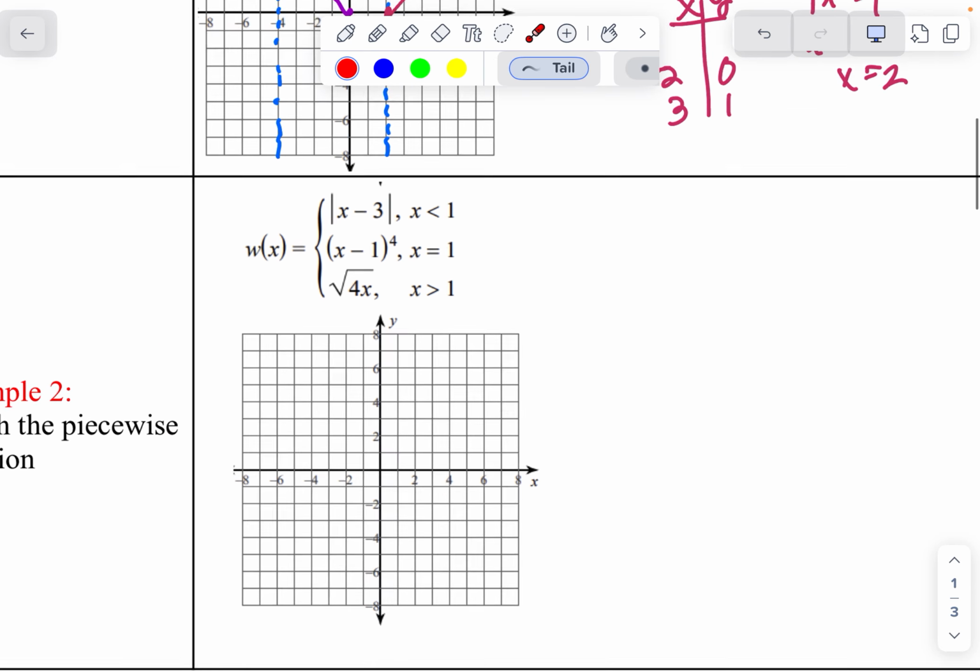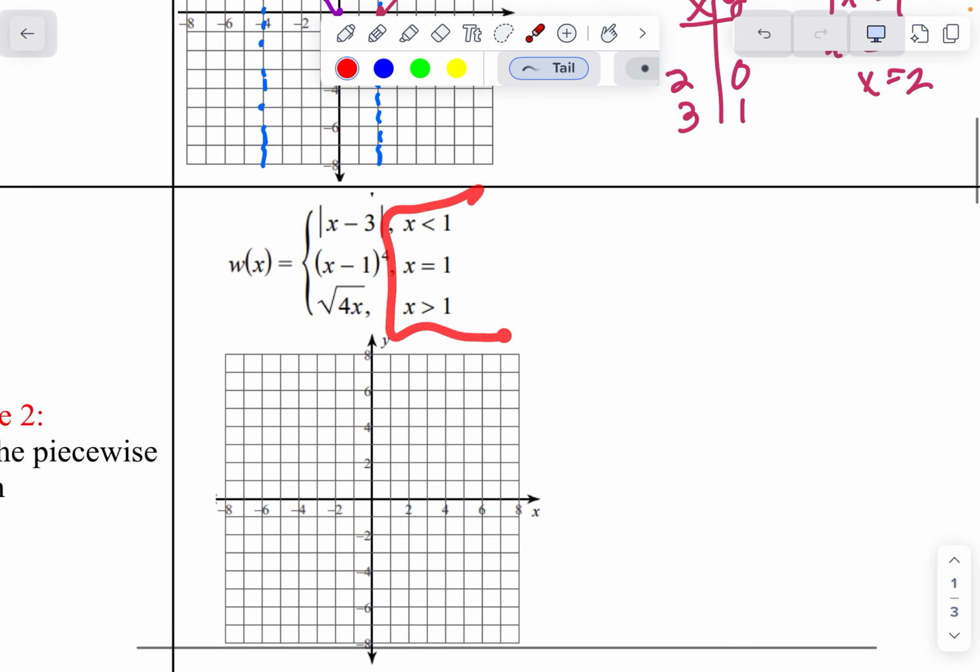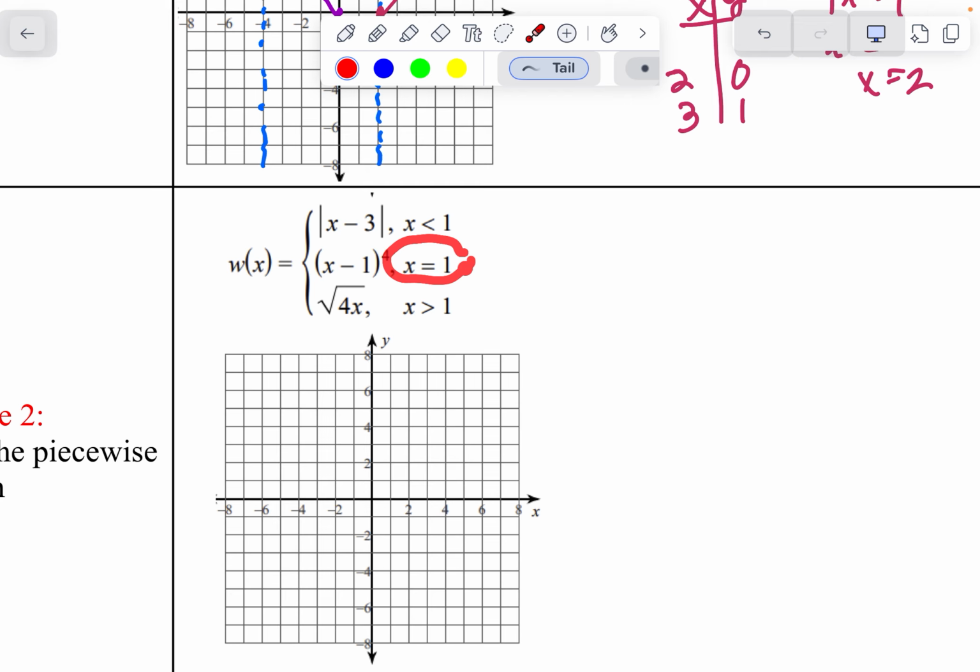Okay, so our border is only 1. We have a weird one happening with this one, okay? So let's just put a border line here of 1. Now, when it says equal to 1 at this point, it is only a point.